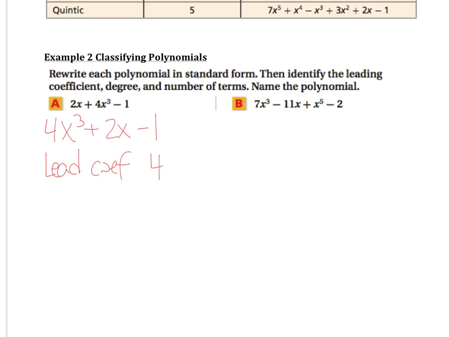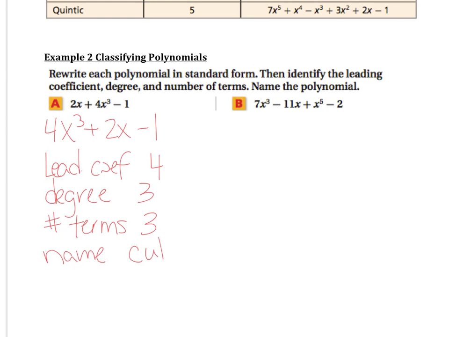It's the coefficient of the first term. The degree is the degree of the first term, which is 3. Number of terms, how many monomials are you adding or subtracting, is 3. So we would name this a cubic, based on the degree, trinomial, number of terms.